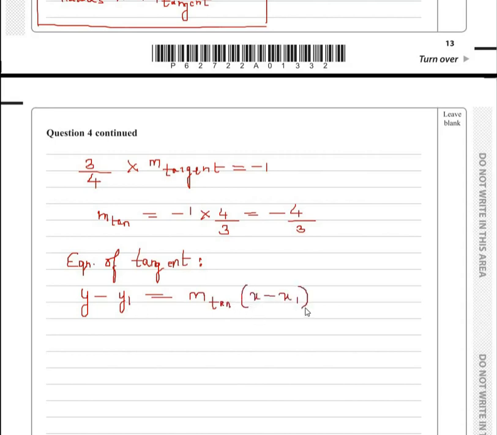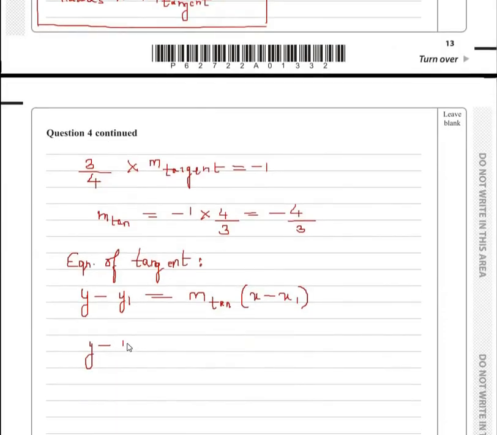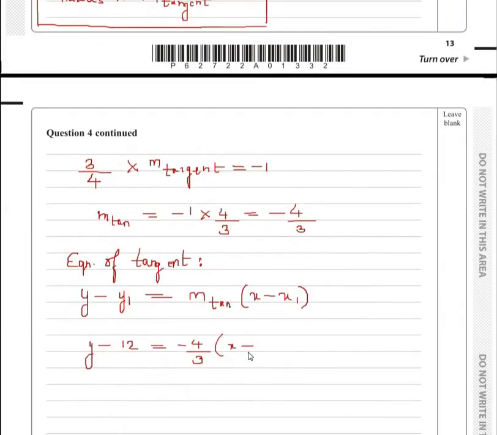This is the general formula which we use. Here x1 and y1 are the Q point, so y1 is 12. So y − 12 = m of tangent, which we got as −4 over 3, times (x − x1), and x1 was −3, so minus of minus is plus 3.